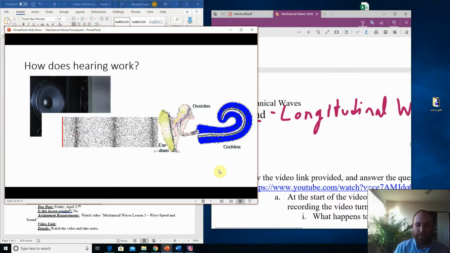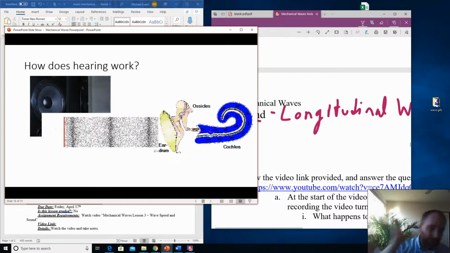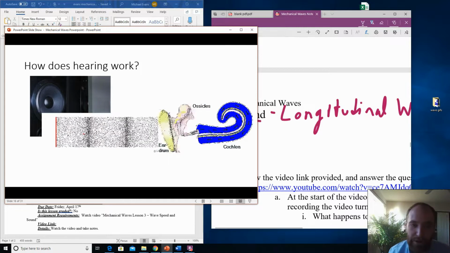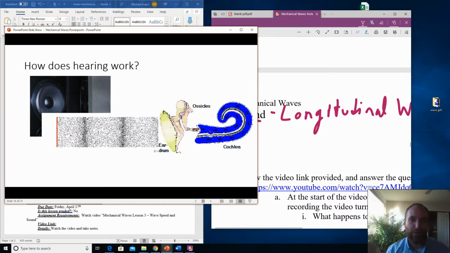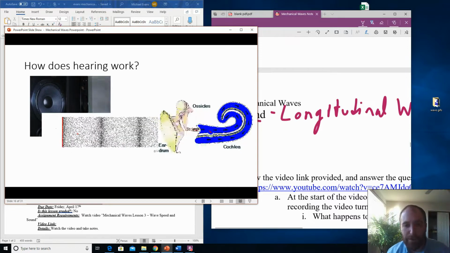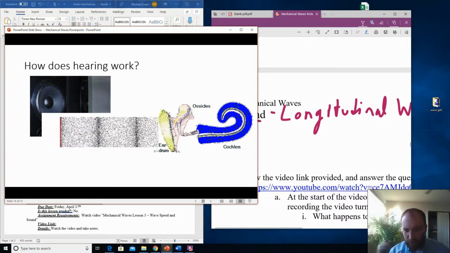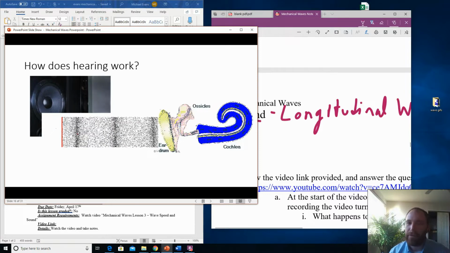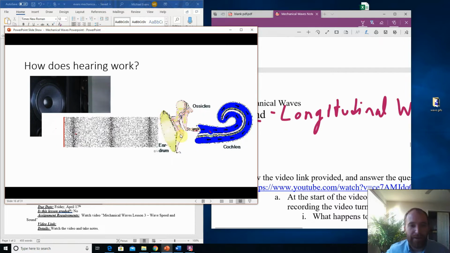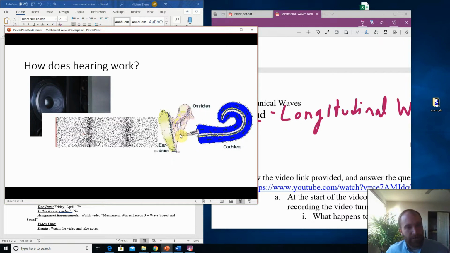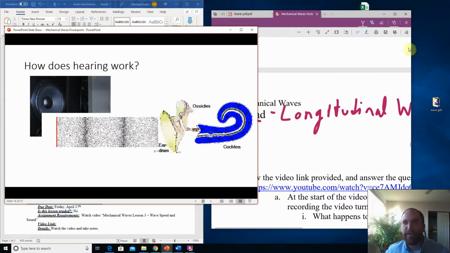These longitudinal waves are pressing on it. Then your brain takes that pushing and turns it into some sort of noise or music or vocabulary or whatever is going on. It's kind of neat when you think about it. It's just air pushing on your ear, and that composes all of the sounds that you hear.